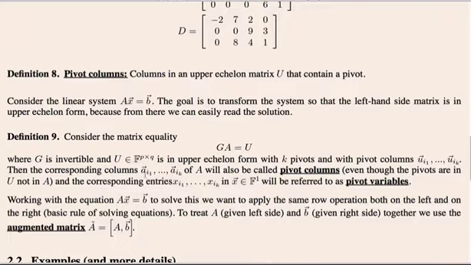Then the corresponding columns in A, which are A_i1, ..., A_ik, are also called pivot columns, although A is not in upper echelon form, but since A is related to the upper echelon form U, we call those columns also pivot columns. And also the corresponding entries x_i1, ..., x_ik in the x vector will be called pivot variables.